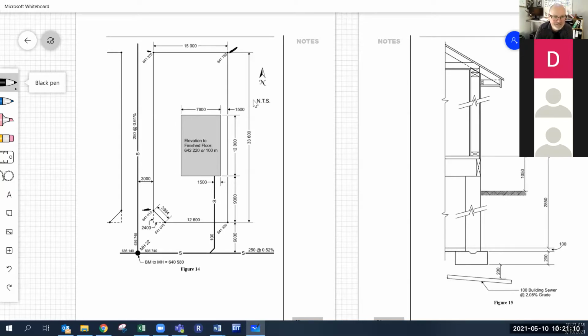Here's the east. Never eat soggy wieners. So that is 0.46, that is correct. The difference between this elevation and this elevation is 460 mils.